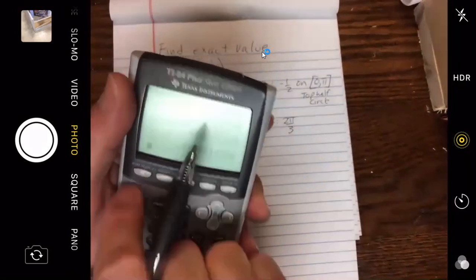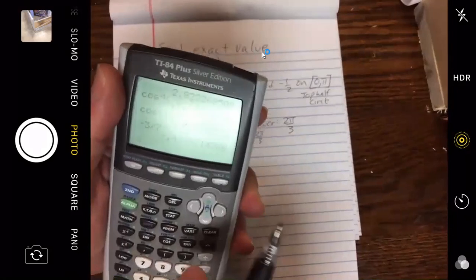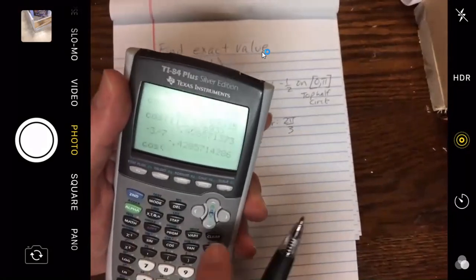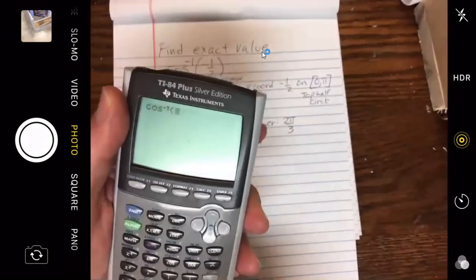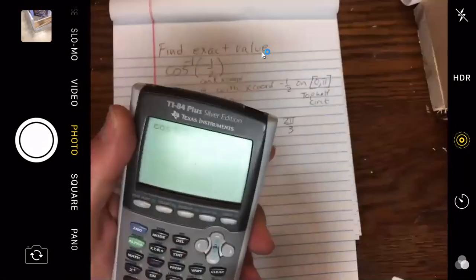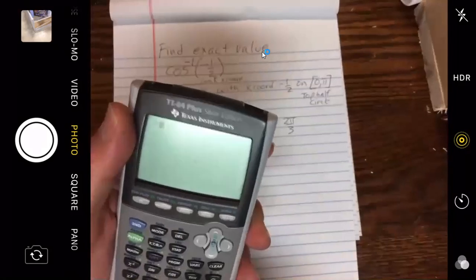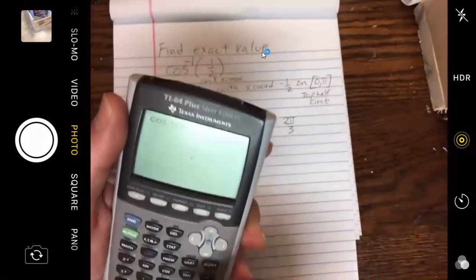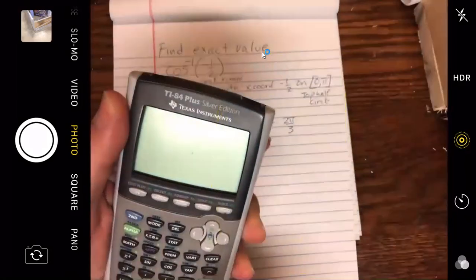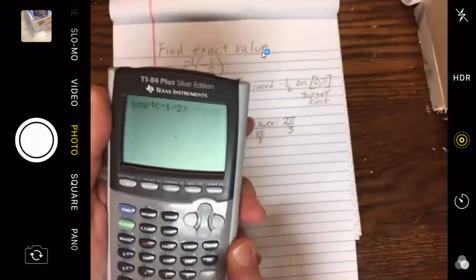If I go second cosine, second cosine, negative a half, my fault. Negative 1/2. Second cosine, negative 1/2. All right, there you are.